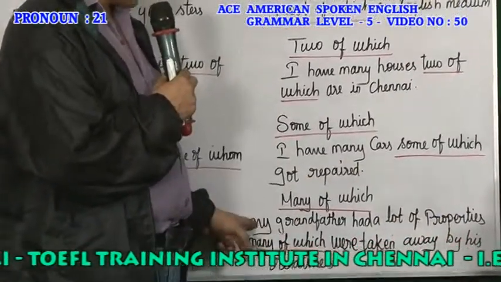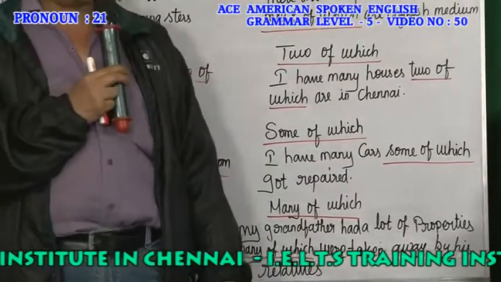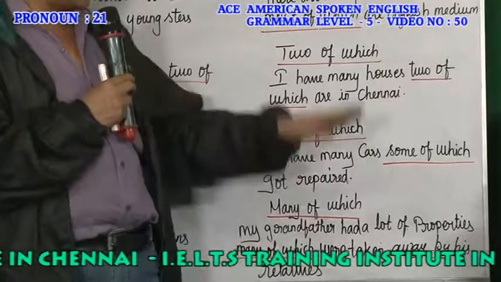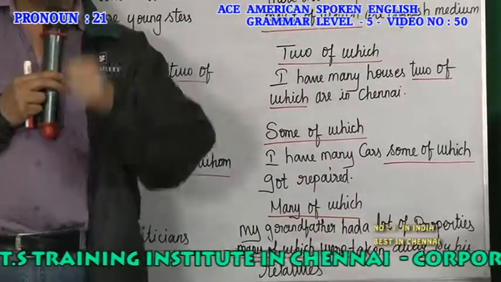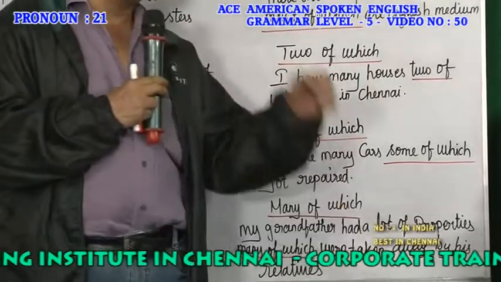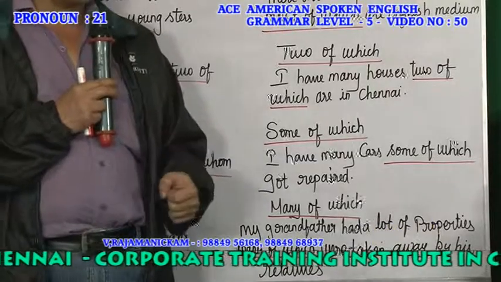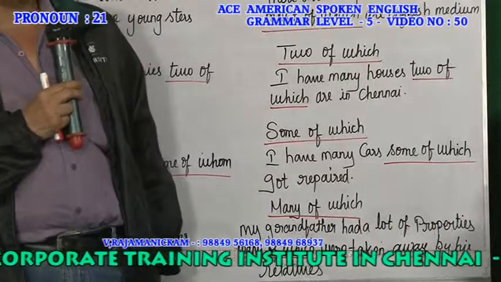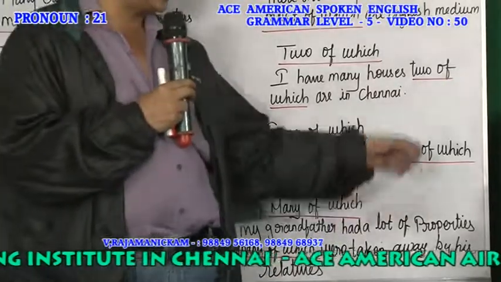Many of which. My grandfather had a lot of properties. So my grandfather becomes the subject. What is the verb here? Had is the verb. Had what? You ask a question, you get an answer. The answer you get is called the object. Here you ask who, you get a person, then you are using whom. When you ask, a lot of properties, what?